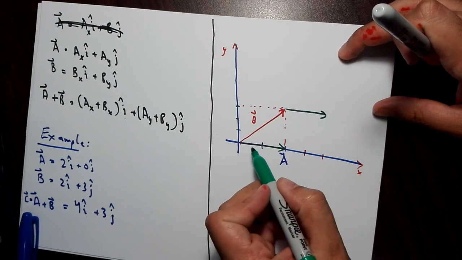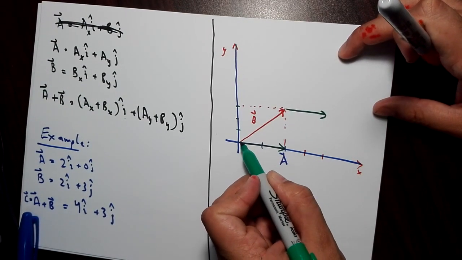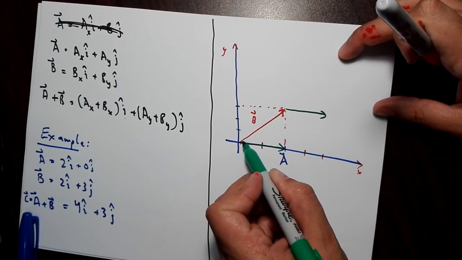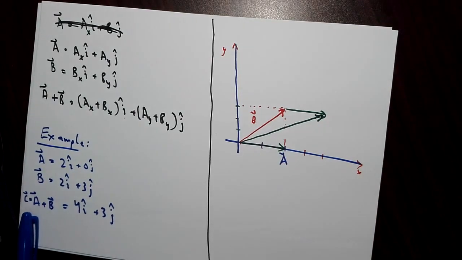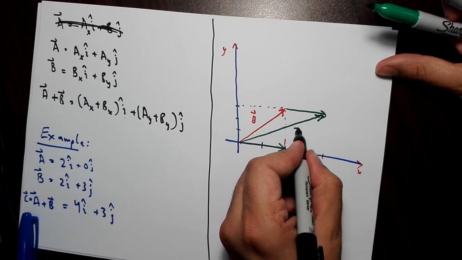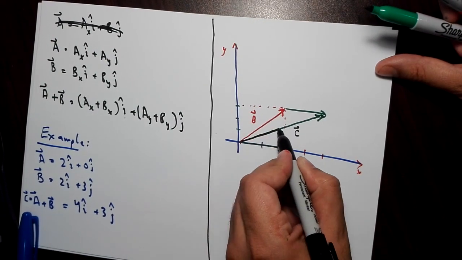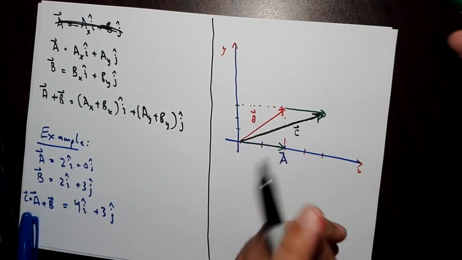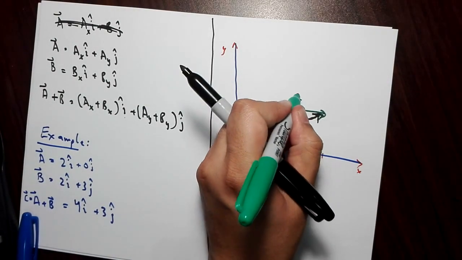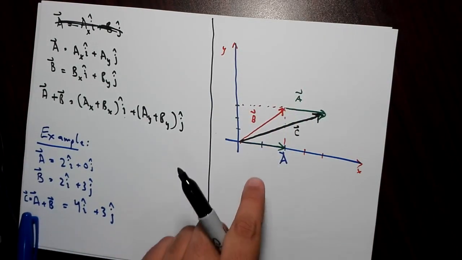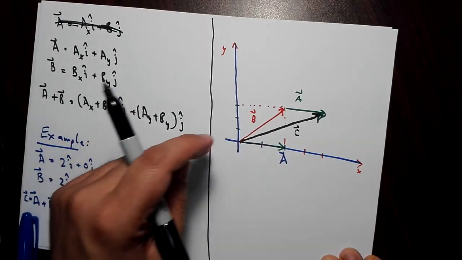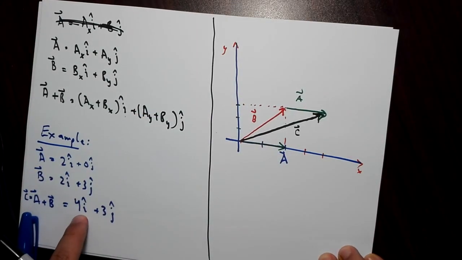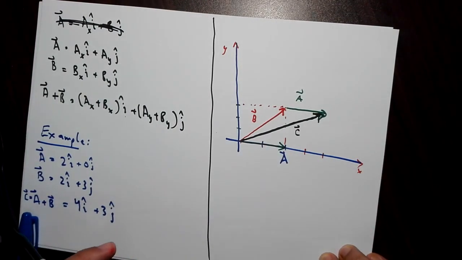So then C would be when you join the tail of B with the head of A. Okay, so that's your C. Let's get black. So this vector is your C. This is your A. Now you can see that C is 4 in the x, so 1, 2, 3, 4, and 3 in the y. So 4 units in the x and 3 units in the y. So that's your vector C.